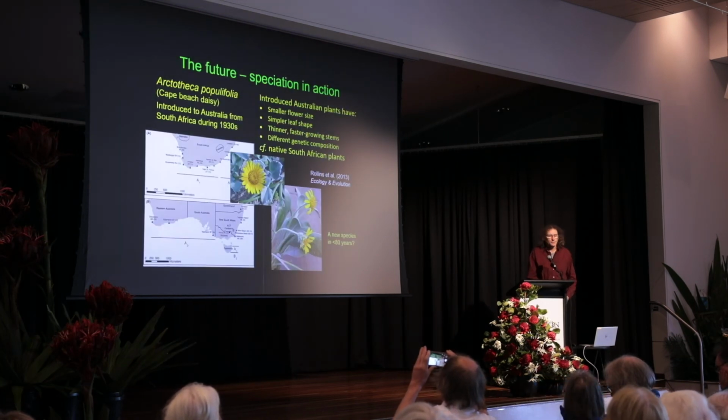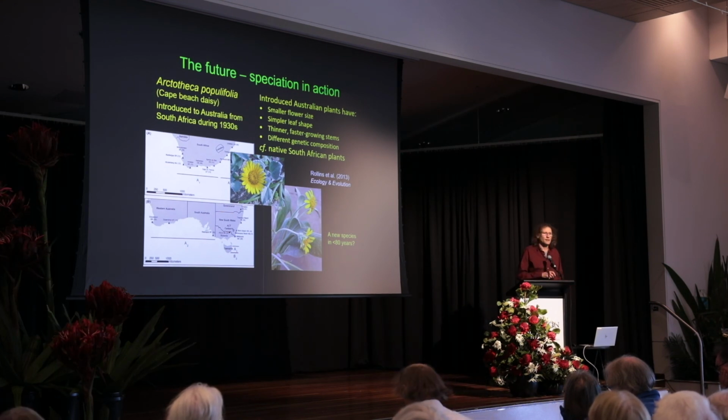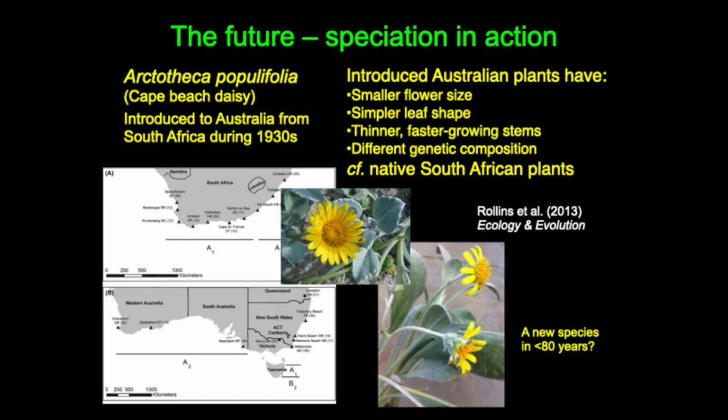On the bright side, we're learning that plants have a capacity for evolution and adaptation to new environments that are much quicker than what we thought in the past. And here's an example of one of our weeds. It's Arctotheca, the cape weed, that was introduced from South Africa to Australian shores.